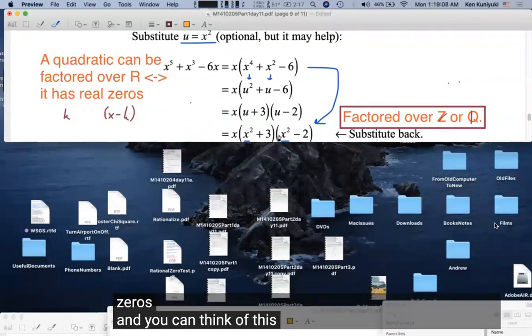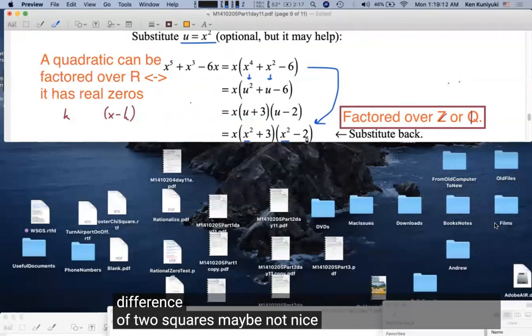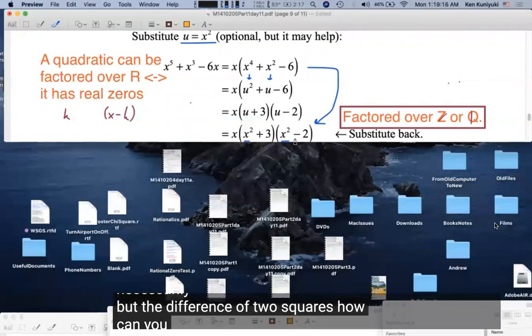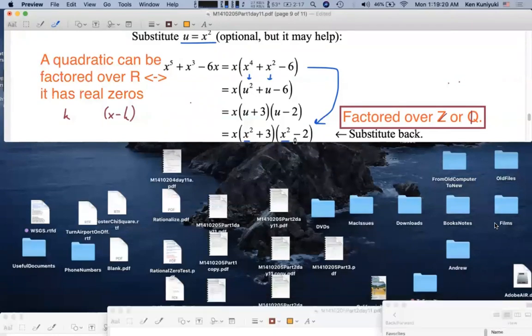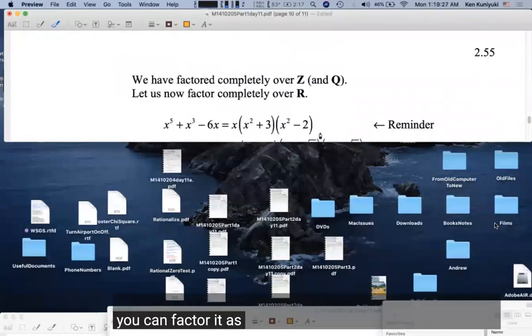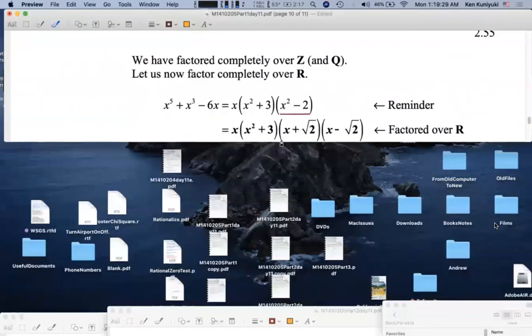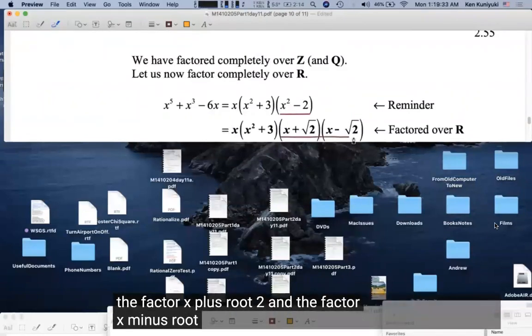And you can think of this, in fact, as a difference of two squares. Maybe not nice squares necessarily, but the difference of two squares. How could you factor x squared minus 2? You can factor it as the factor x plus root 2 and the factor x minus root 2. 2 is the square of the square root of 2.